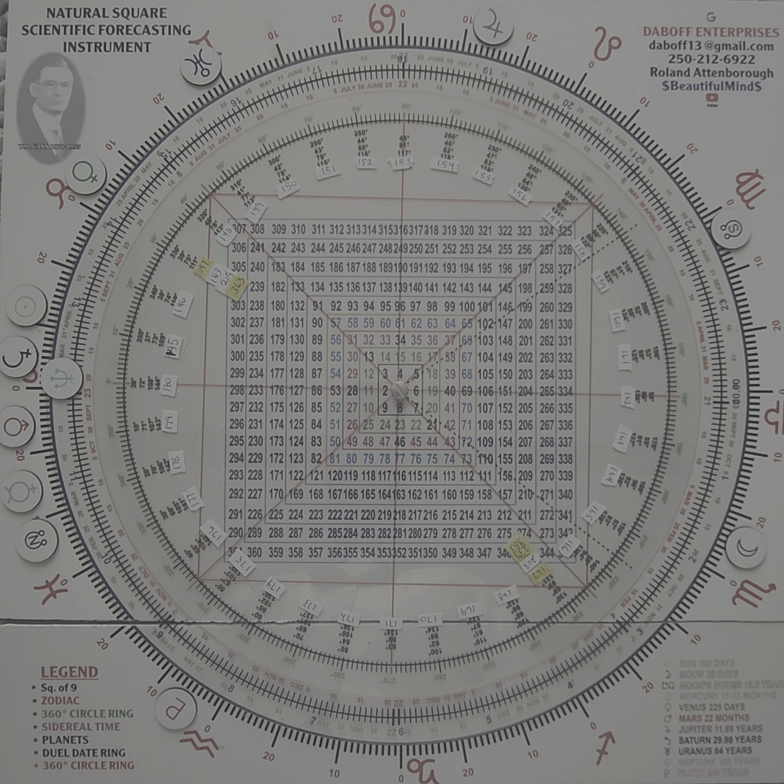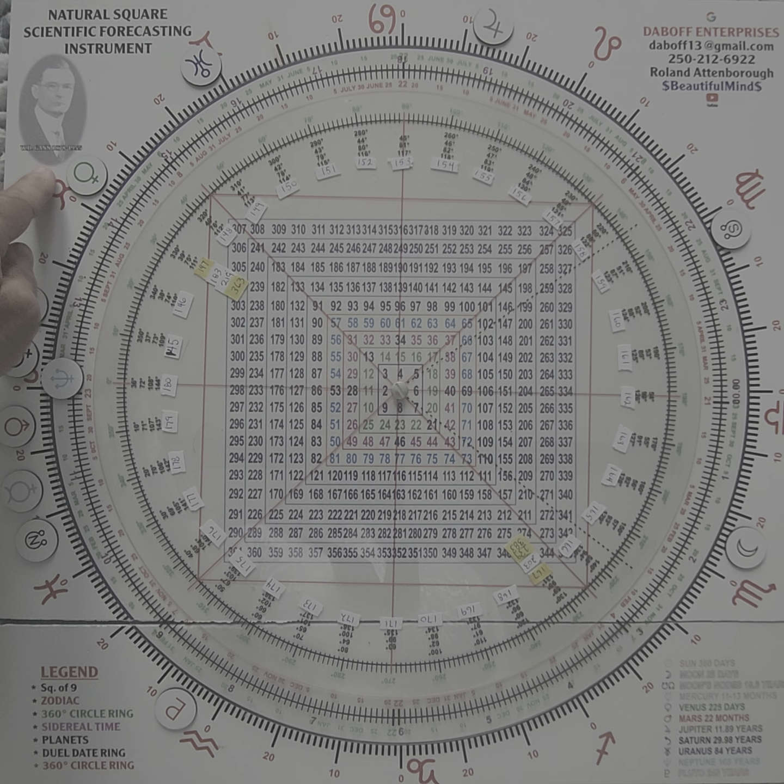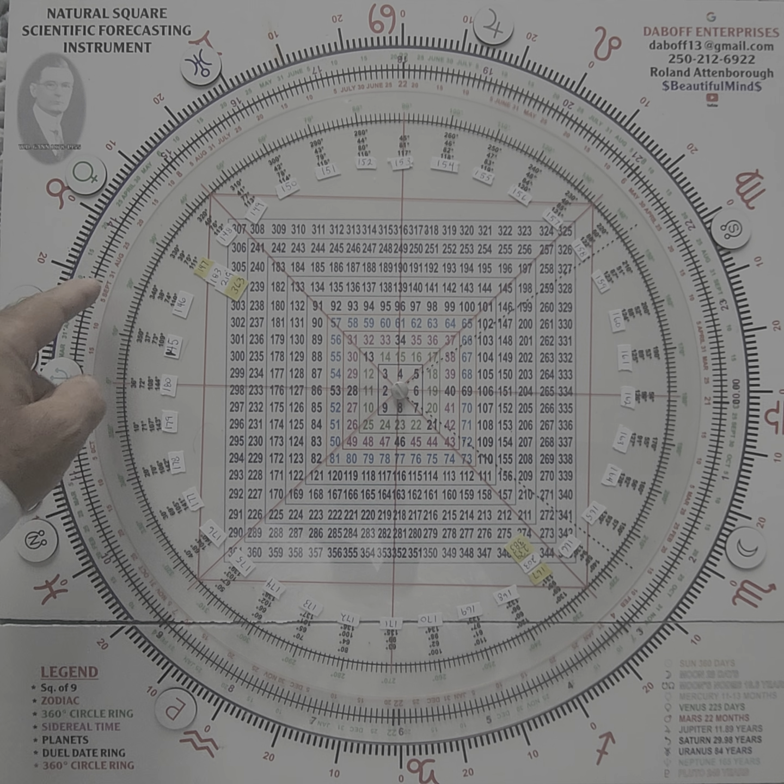I have therefore set up the natural square scientific forecasting instrument, which I have created under the works of William Gann, my teacher and guide. I have populated the circle.